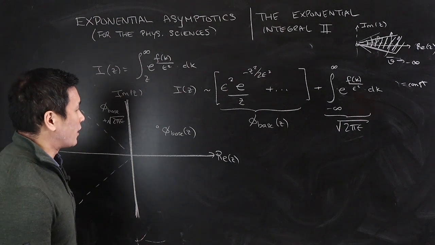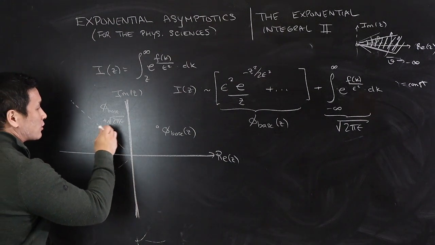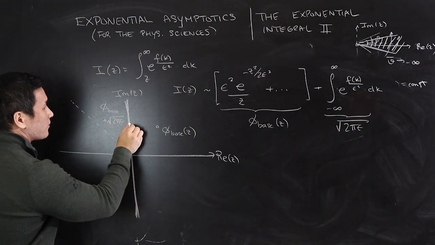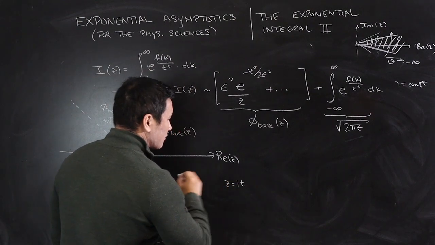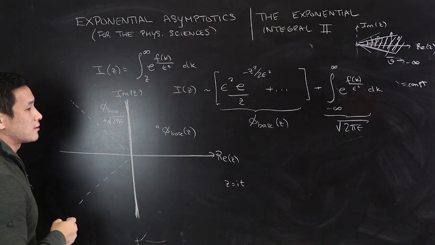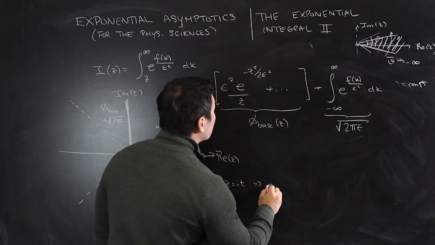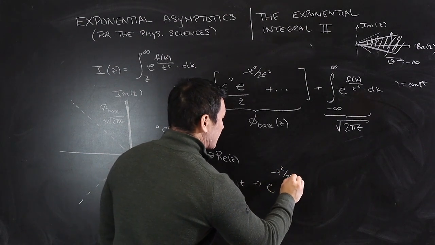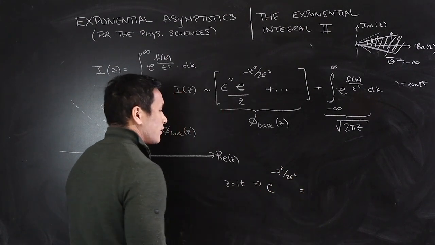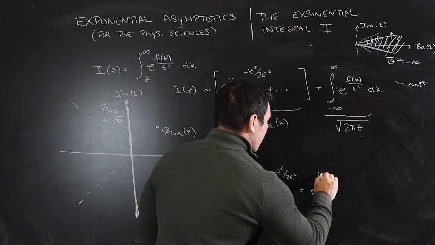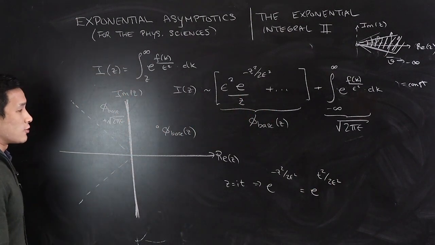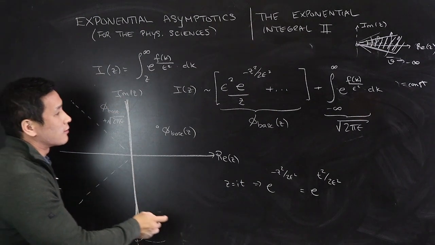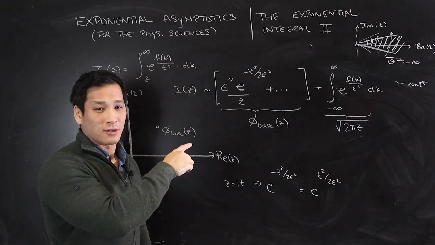I can verify that when I switch on this quantity here, z is basically i times t along the imaginary axis. That tells me e to the minus z squared over 2 epsilon squared is e to the t squared over 2 epsilon squared. So at the point where I'm doing the switching, this base series is actually huge.